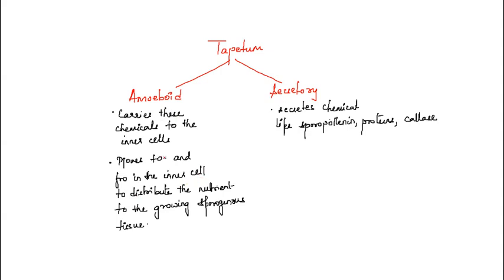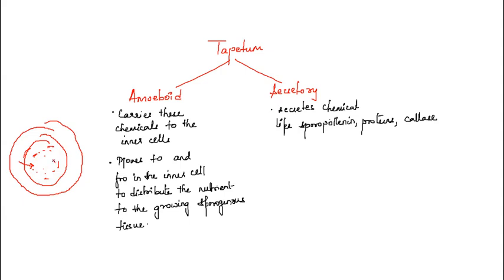If this is a cell, these are the outer layers and tapetum is this one, and these are the sporogenous mass. So tapetum needs to move the nutrients from the outer layer to the inner layer, and inside the inner layer also they have to move some distance. Amoeboid tapetum will move some distance and uniformly distribute the nutrients inside the sporogenous mass.